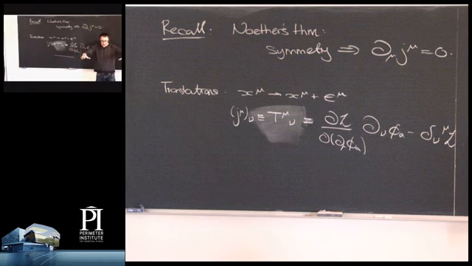You could couple it to a background metric, as if you were thinking about theories in general relativity. You then differentiate the Lagrangian with respect to that background metric, and then set the metric equal to Minkowski space. If you do that, that defines a stress-energy tensor. And it's exactly the stress-energy tensor that appears on the right-hand side of Einstein's equations. And it's guaranteed to be symmetric.